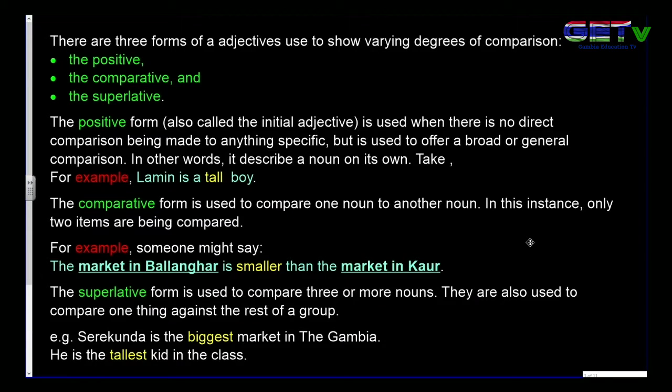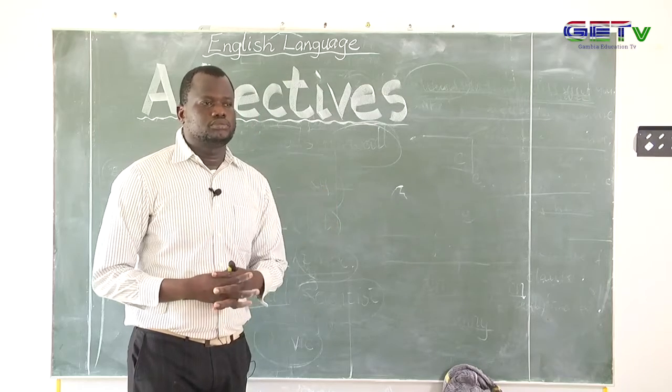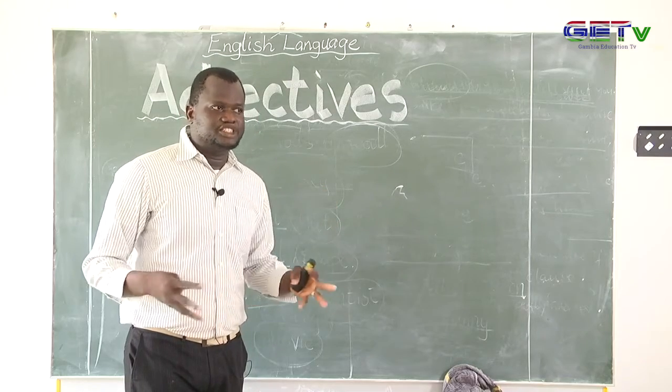There are three forms of adjectives used to show varying degrees of comparison. And these are the positive, which is also called the initial adjective or the base form of the adjective.